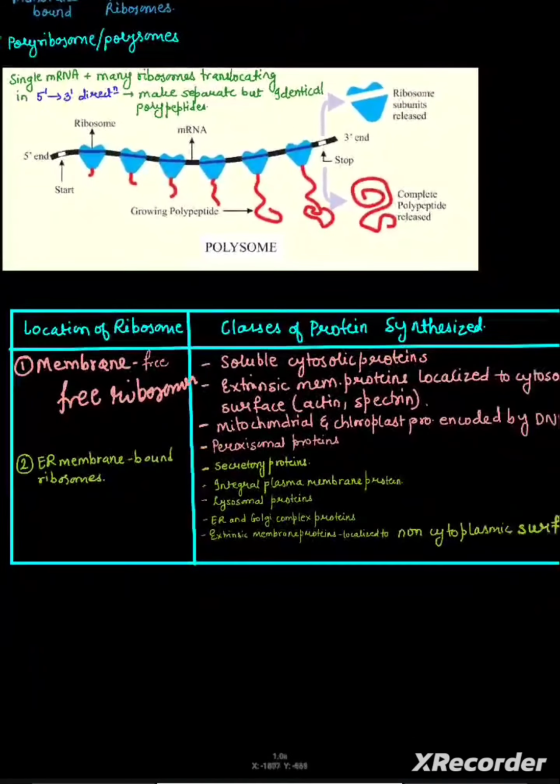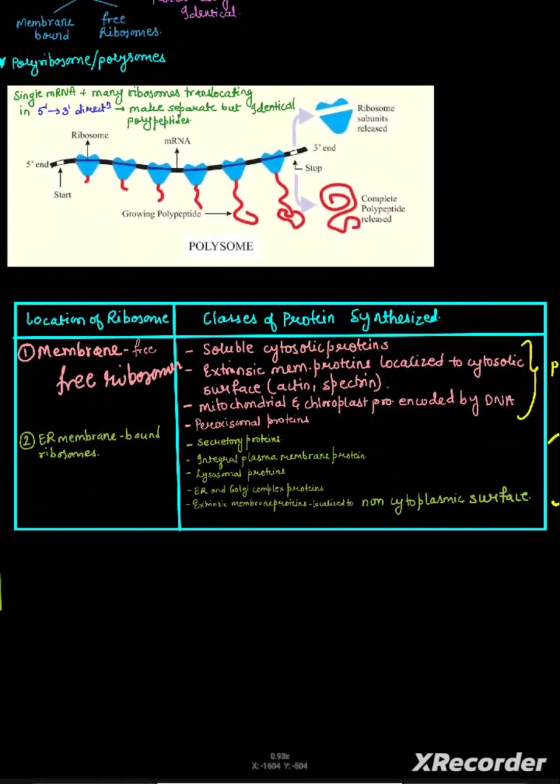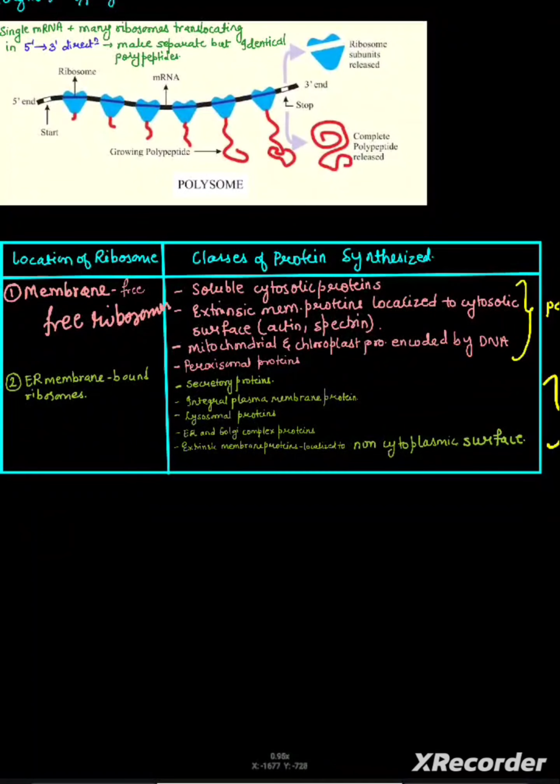Now moving further, the location of the ribosome is important here. There are membrane free ribosomes which are not bound to any membrane. These are free ribosomes, and they basically synthesize the soluble proteins. Cytosolic soluble proteins, and extrinsic membrane proteins localized to the cytosolic surfaces. For example, you have your cell like this, and the cytosolic surface is here somewhere.